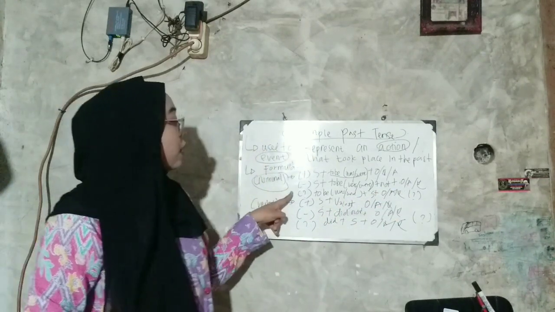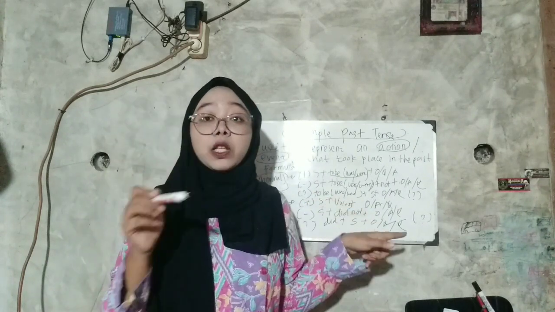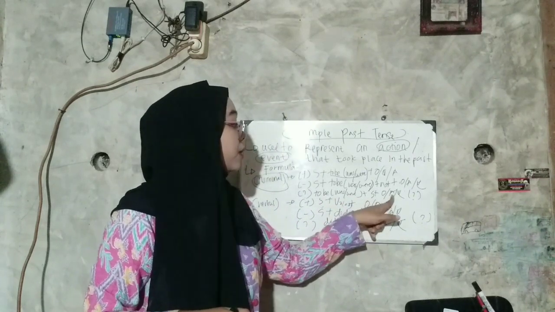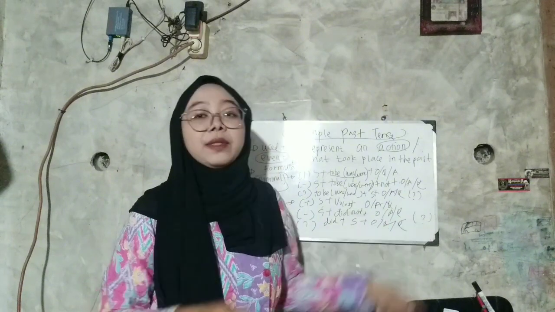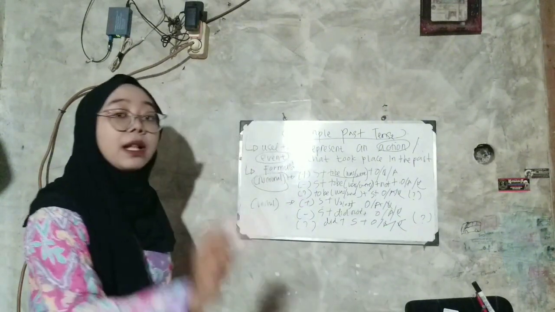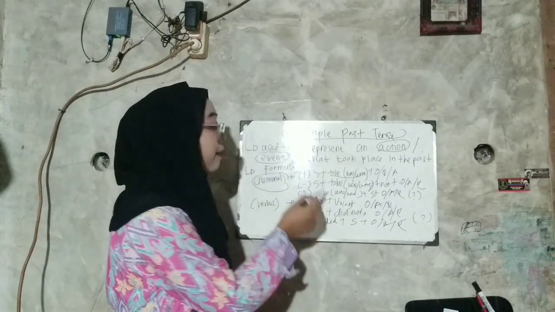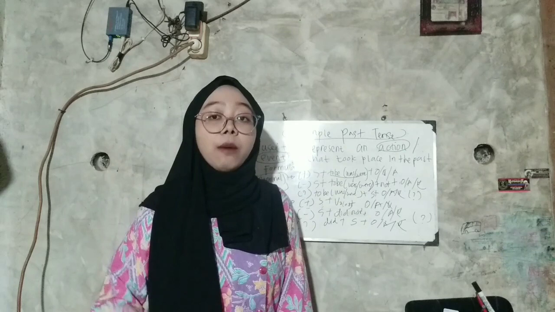And for the next, the interrogative: to be, the to be is was or were, plus subject, plus object, adverb or complement. This is for the nominal sentence. How about the verbal sentence? For the verbal sentence, we have the positive: subject, plus verb two, the verb uses ed, plus object, adverb or complement.